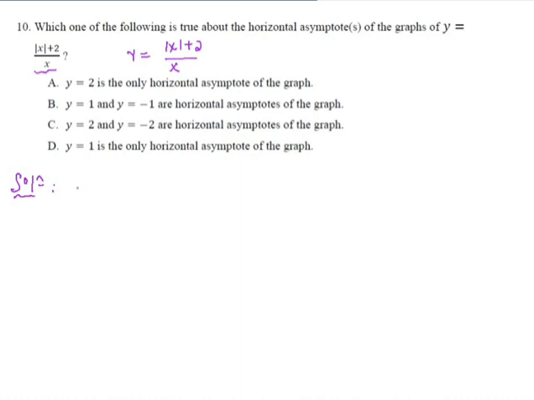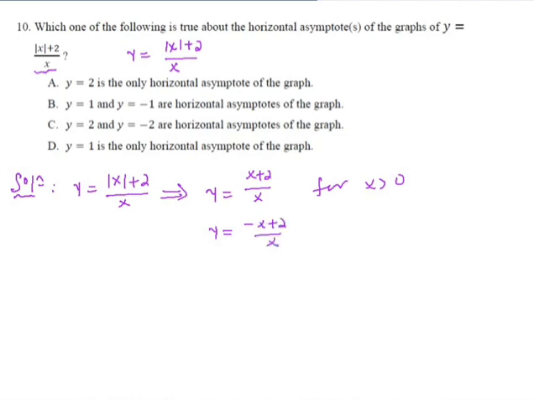Absolute value of x is plus or minus x, depending on the value of x. So we can write this function as y equals x plus 2 over x for x greater than 0, or y equals minus x plus 2 over x for x negative.